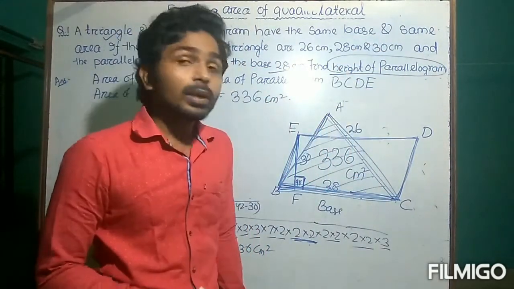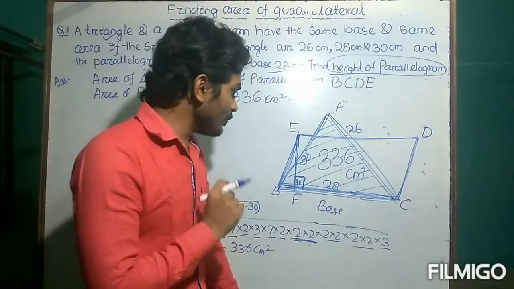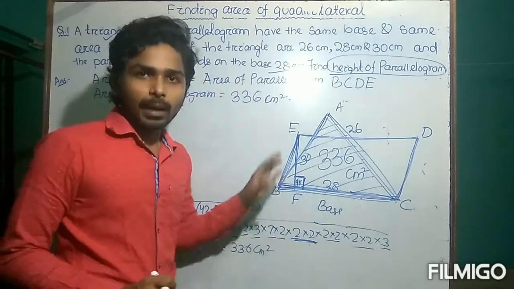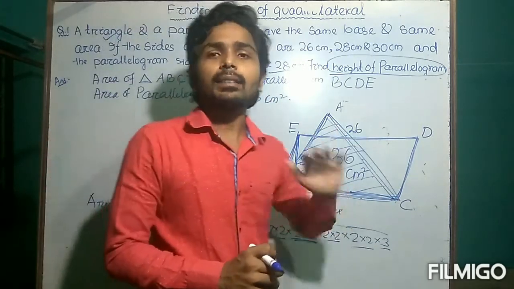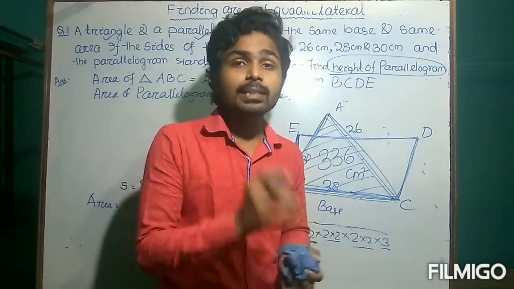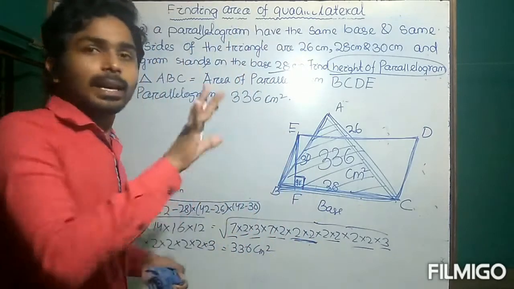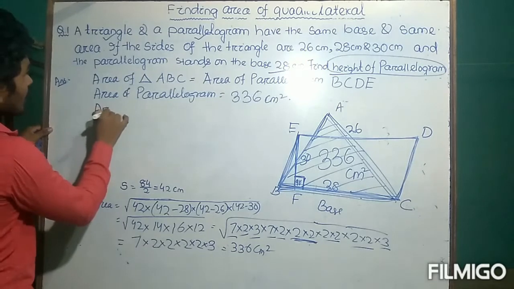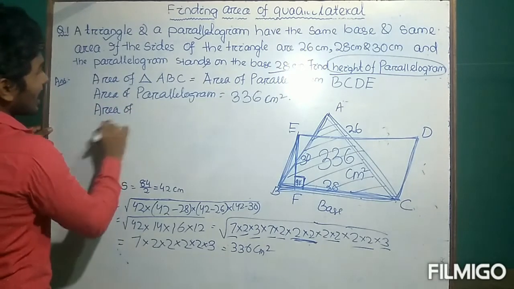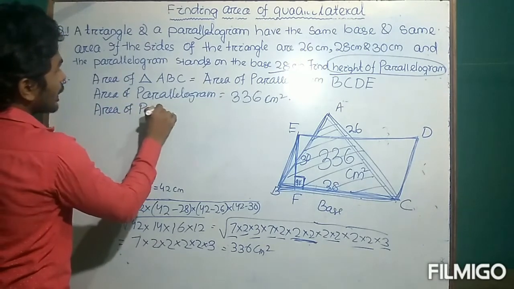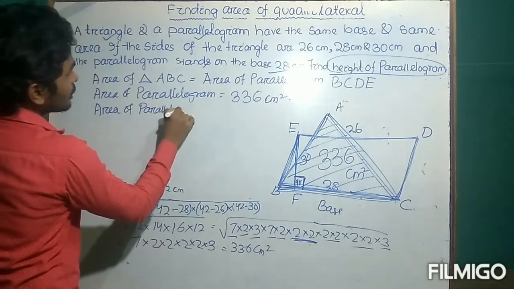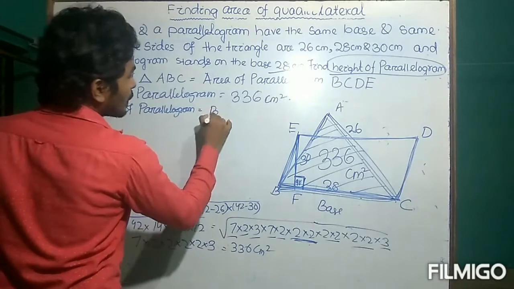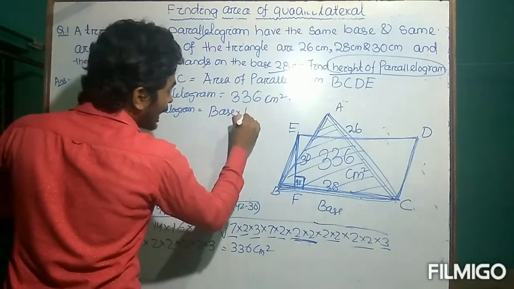I have already told you in class 8 that if the base and the height of the parallelogram are given, then you can find the area of the parallelogram. There is a formula for how to find the area of the parallelogram. The formula for the area of a parallelogram is base into height.